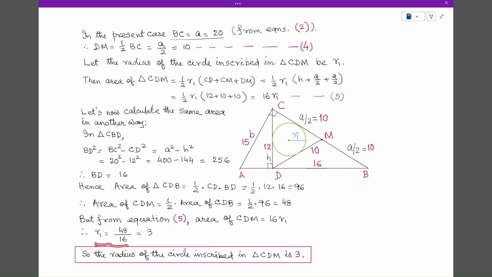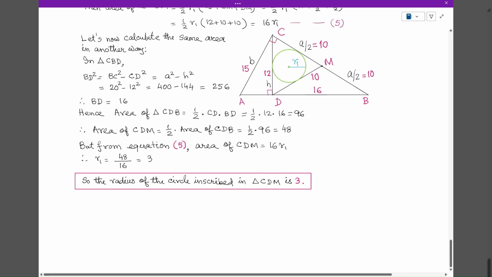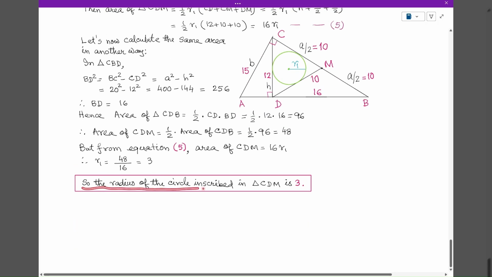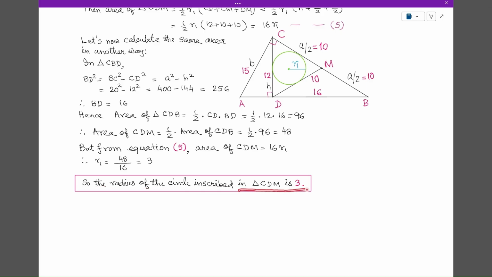Therefore, r1 is equal to 48 by 16, that is equal to 3. So, the radius of the circle inscribed in triangle CDM is 3, and that is the answer. Thank you.